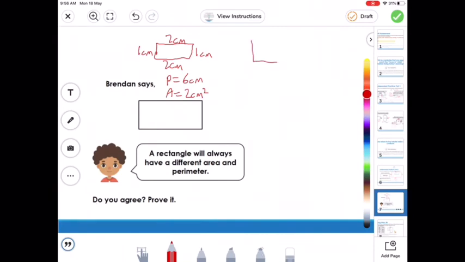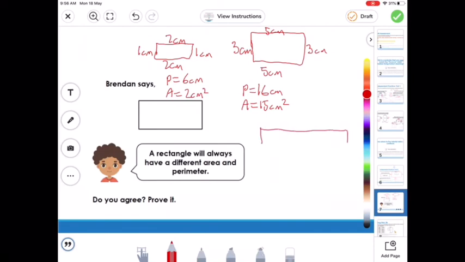Let's go for 3 times 5. 3 centimeters, 3 centimeters, 5 centimeters, 5 centimeters. Now the perimeter of this rectangle is 5 plus 5 is 10, that's 16 centimeters. The area, 3 times 5, is 15 centimeters squared. Okay, so again, the area and perimeter are not the same.